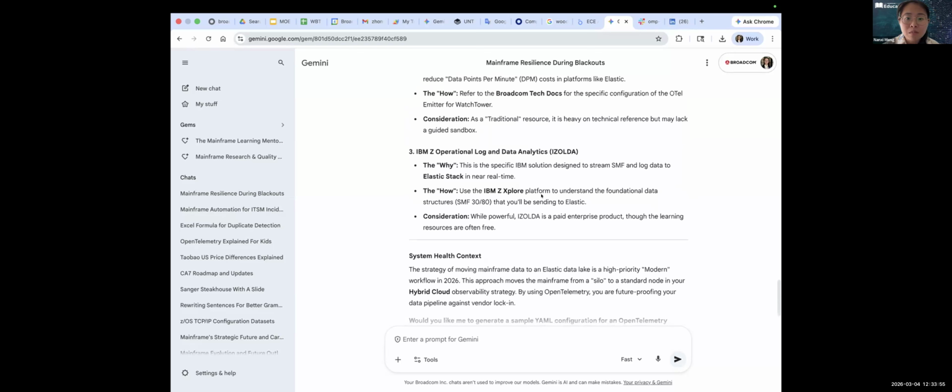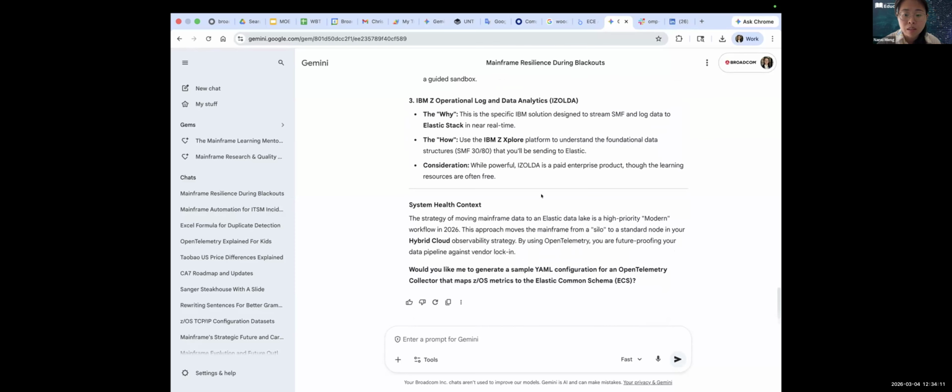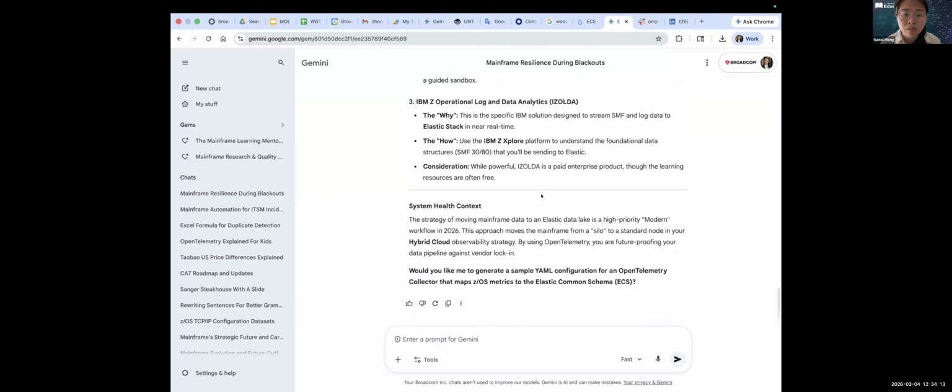Then IBM Z Operational Log and Data Analytics. This is a module I'm personally not extremely familiar with, so I cannot tell if this is most relevant. And then here, followed by the system health context.